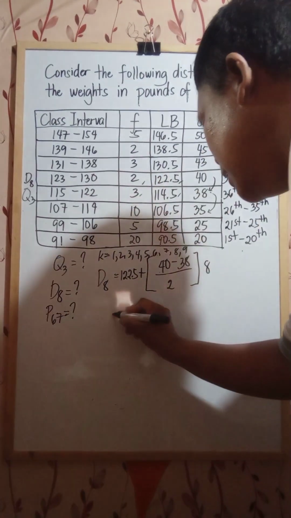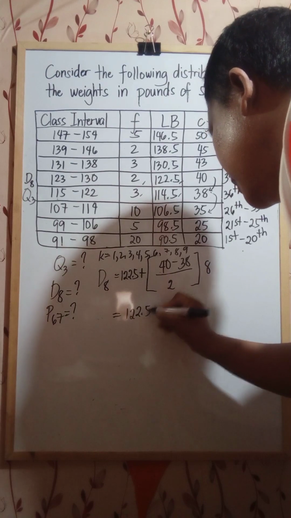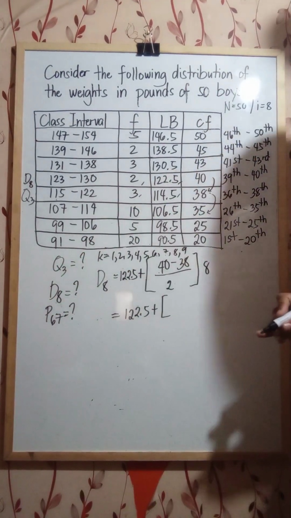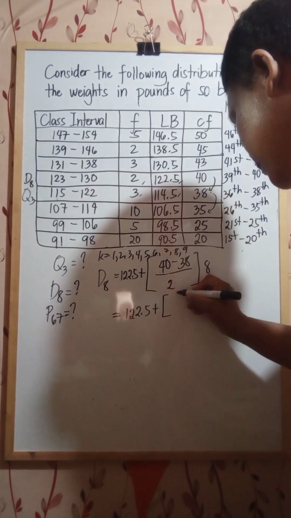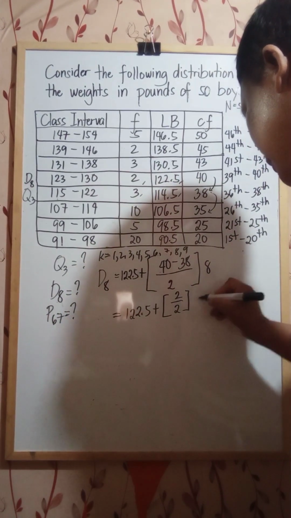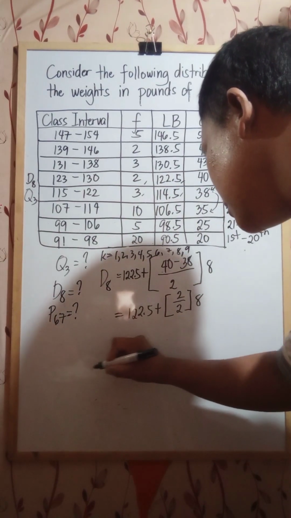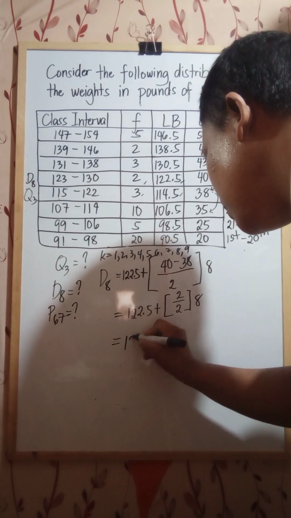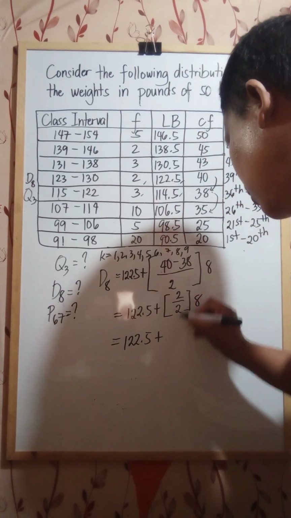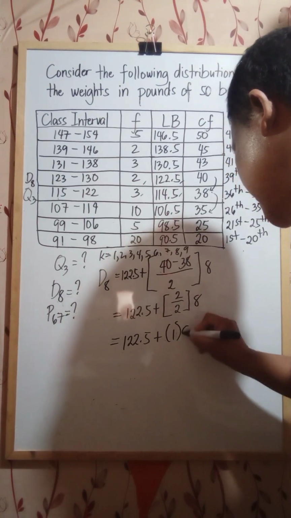Then equals, copy the 122.5. Then plus, open bracket, we subtract 40 minus 38, so that is 2. Then over 2, then times 8. Then equals 122.5 plus 2 over 2, that's 1, then times 8.